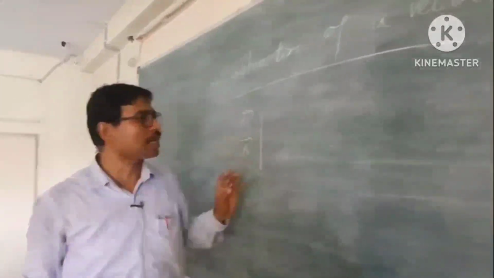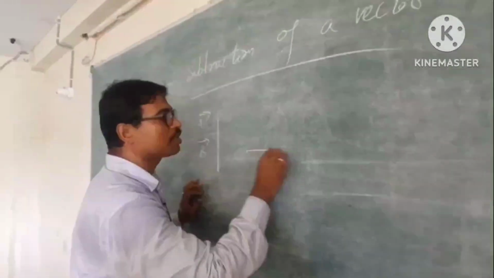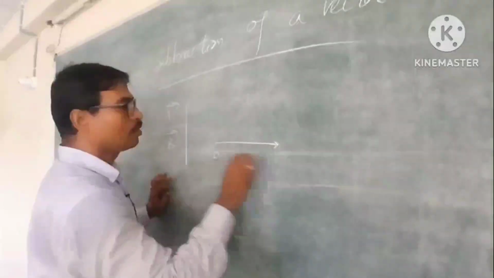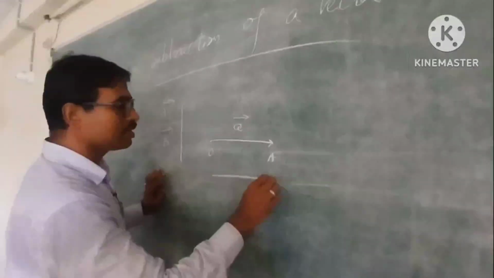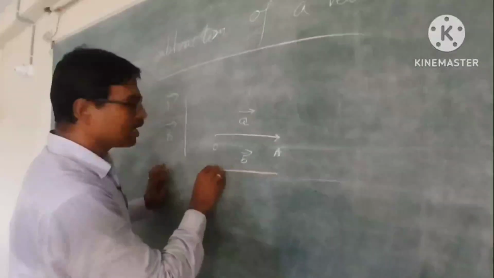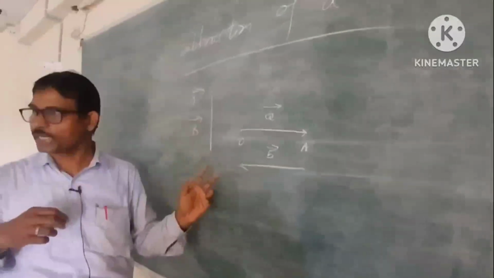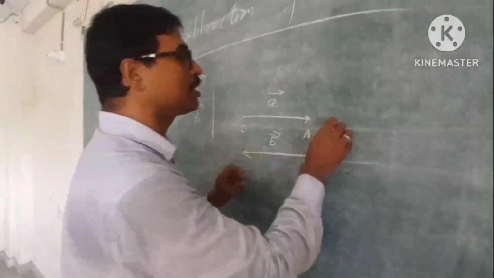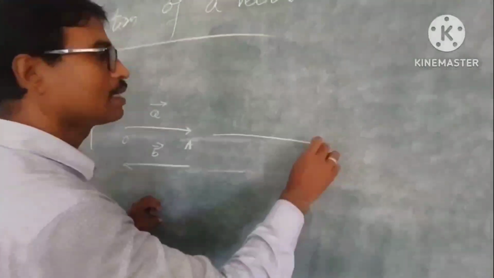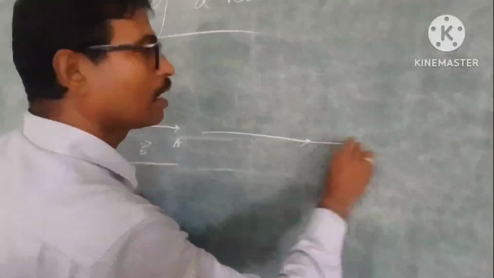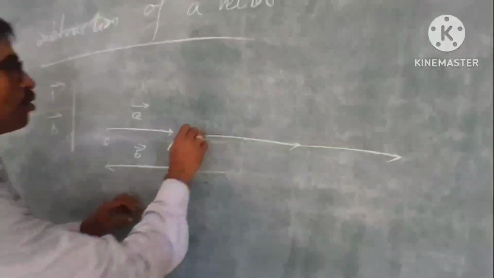But now the question is how to subtract. First, suppose this one is O to A, this is A, and another one is B, in this direction. But how can you subtract it? So first you take, suppose it is 2 units or 4 units, and then you do this. So what is the resultant?